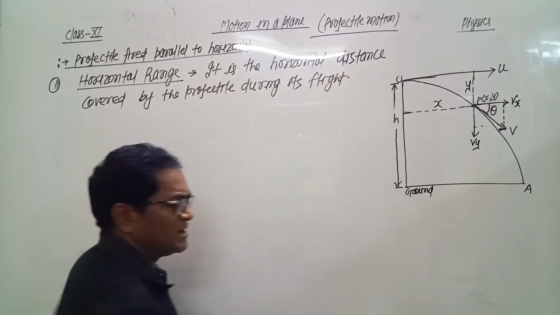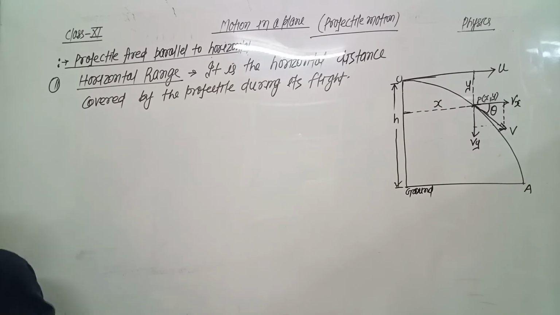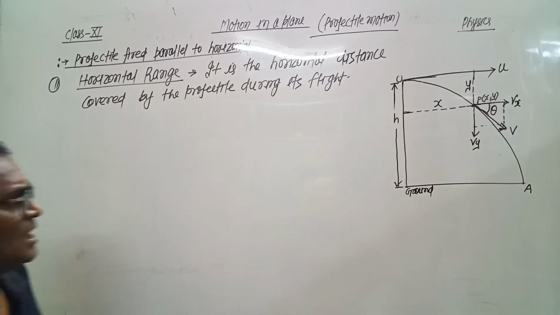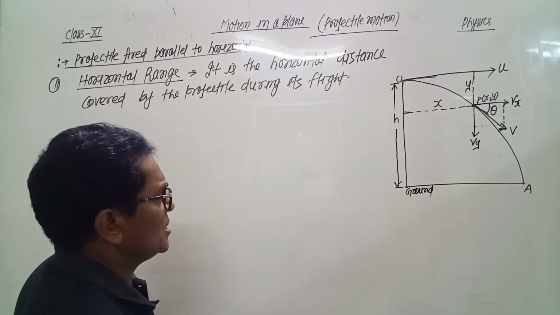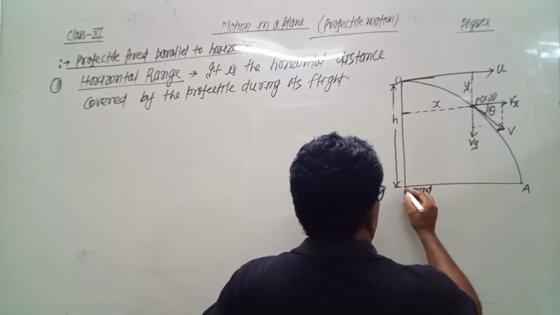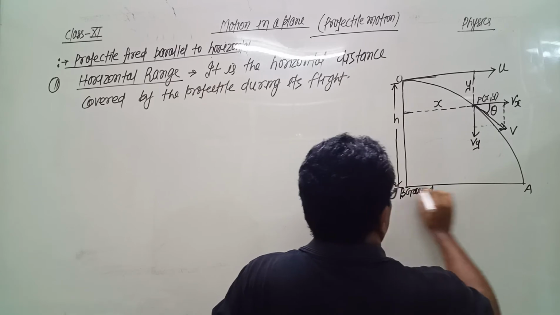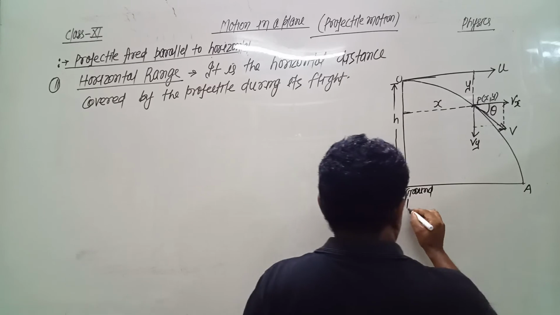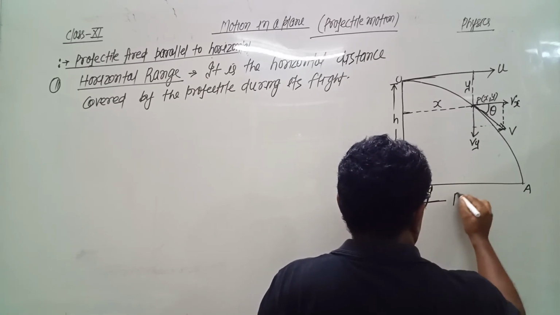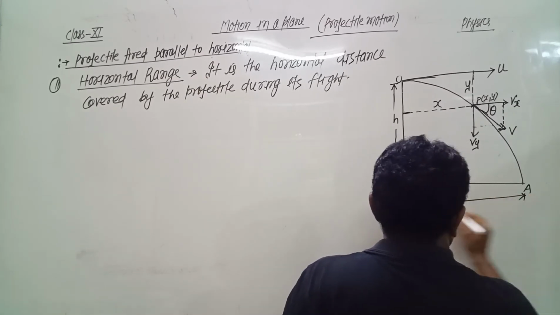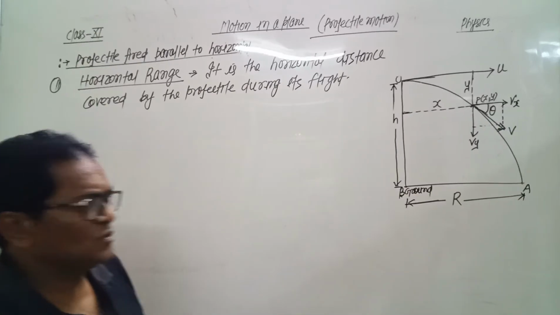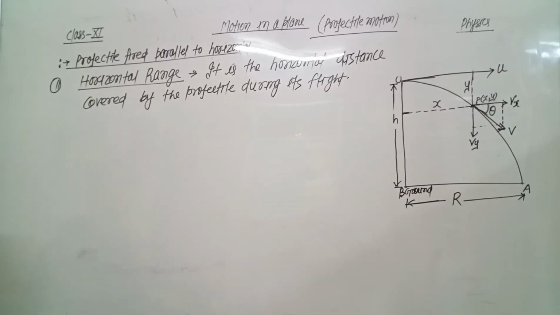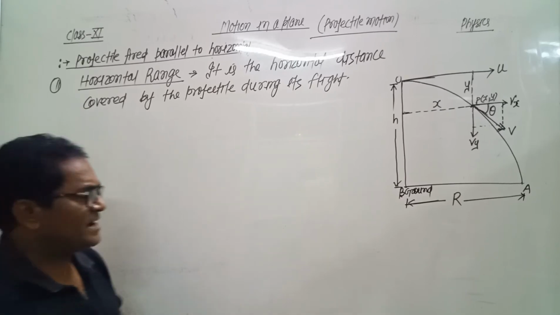So the total horizontal distance covered by a projectile during its flight is called horizontal range. Name it point B. BA is the horizontal range, represented by R. So R is the total horizontal distance covered by the projectile during its flight.